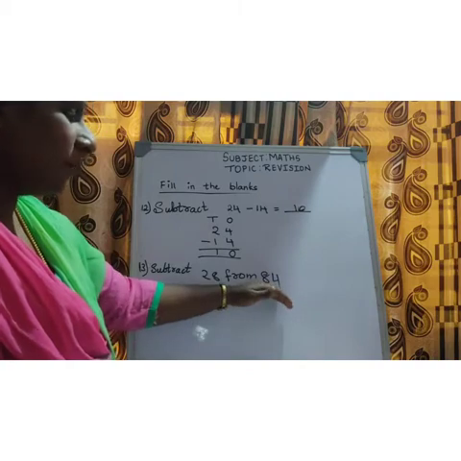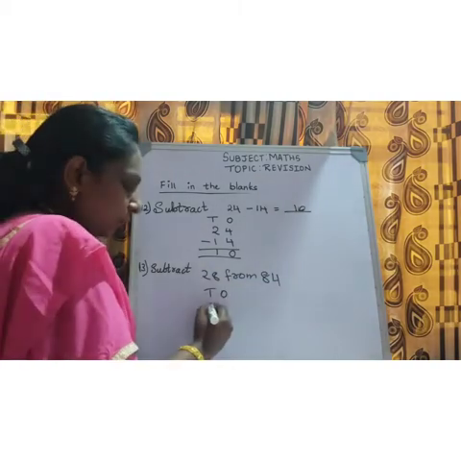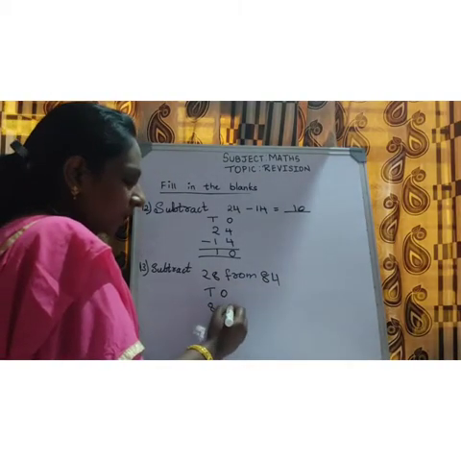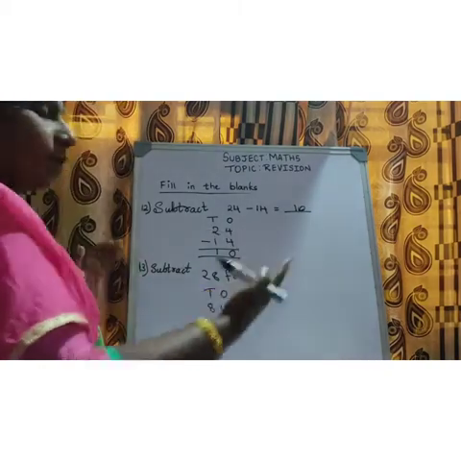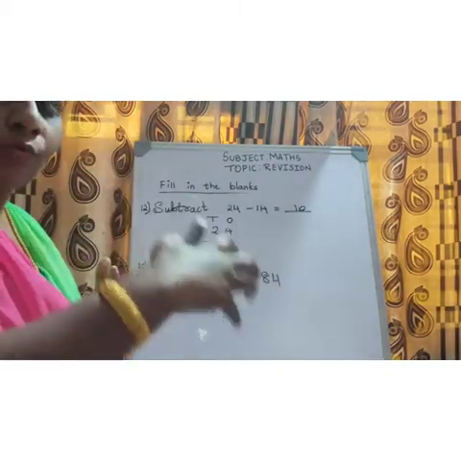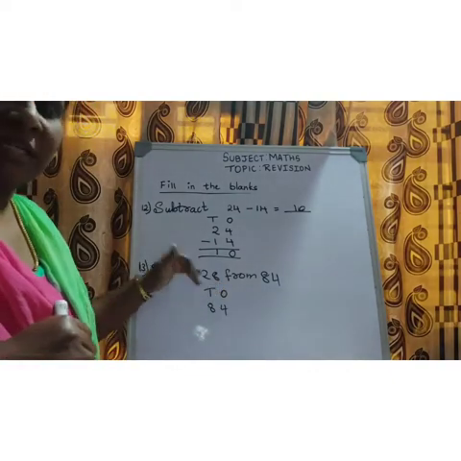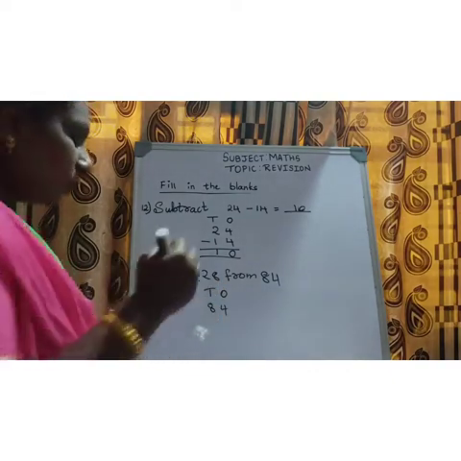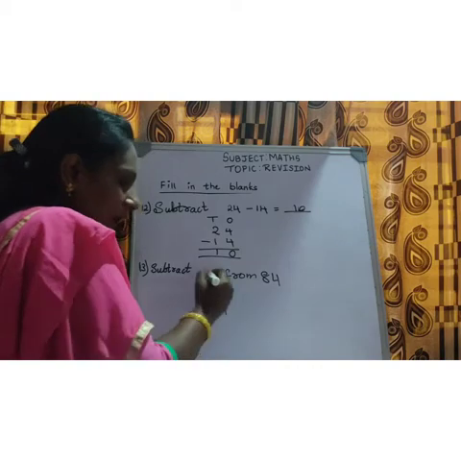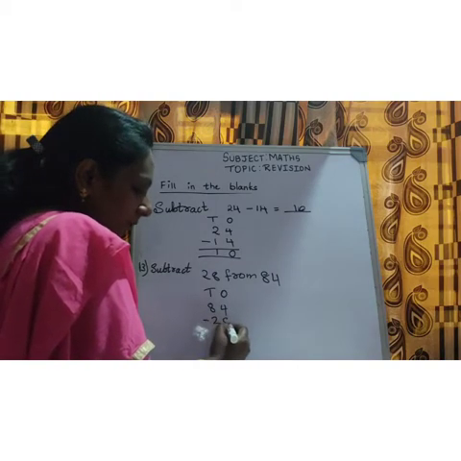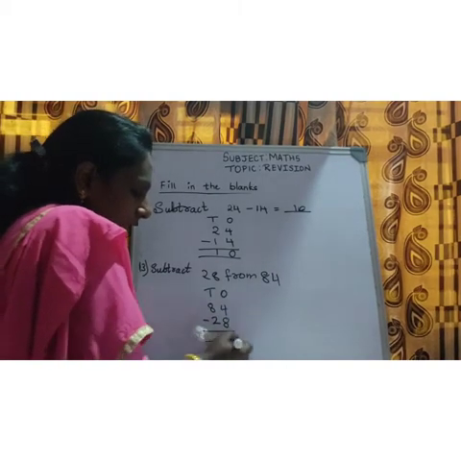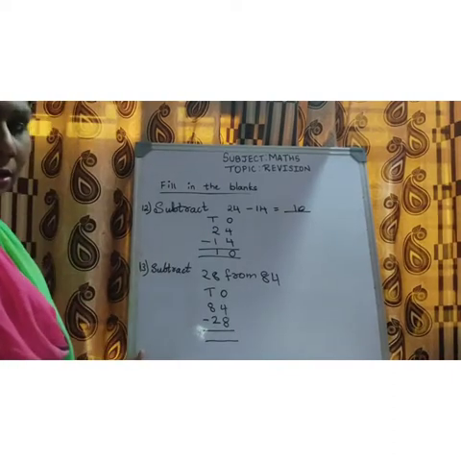What is the from number? 84. So 84 should come first because from 84 only we are going to subtract. We are going to take 28 from 84. So 84 should come first, then write the sign and the subtract number 28. That should come below this.